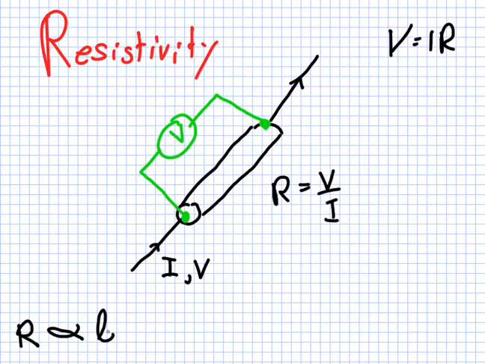Now the next thing is what's called the cross-section area. This is the area at the front. What do you think here? If I increase the area, do I increase or decrease the resistance? We've gone 50-50.